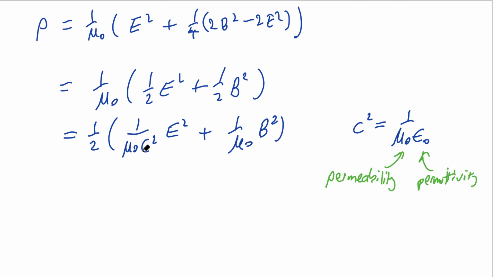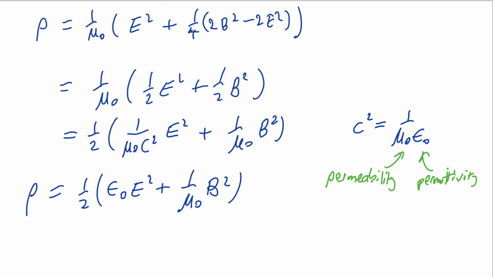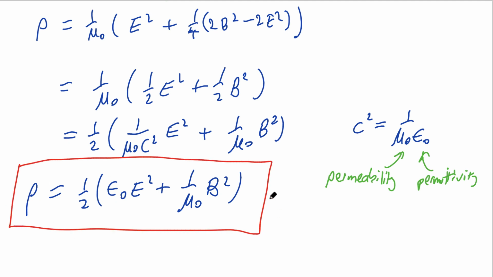Right, so this combination is actually epsilon naught. So what we have is the energy density is epsilon naught E squared plus 1 over mu naught B squared. And this, of course, is the standard result for the energy density in the electromagnetic field.